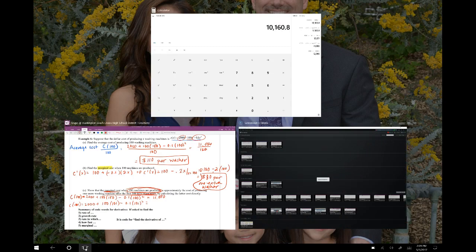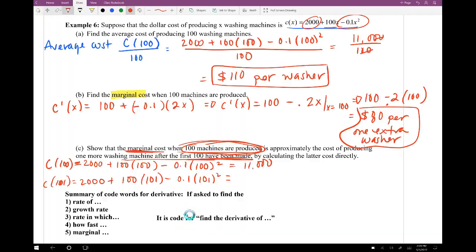okay, quantity. 0.1 times 101 times 101 squared. Let's see. All right, 10,160 and 80 cents.